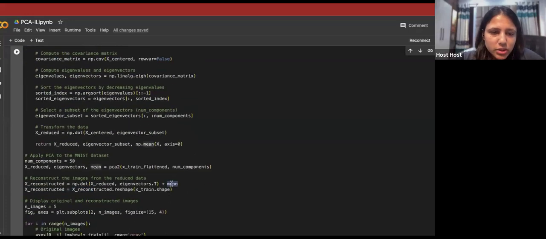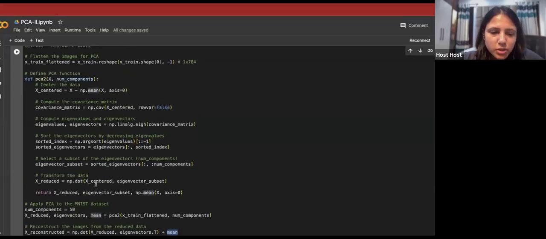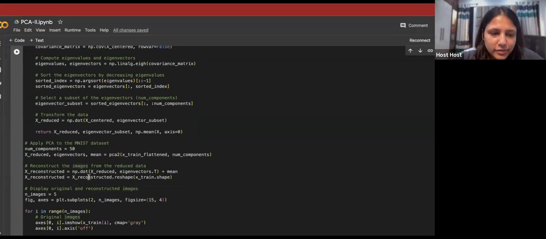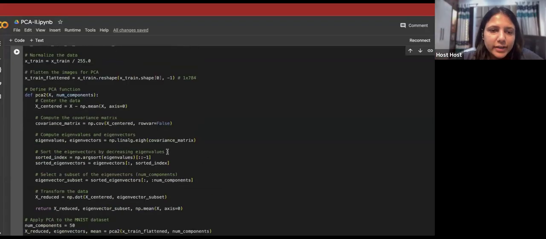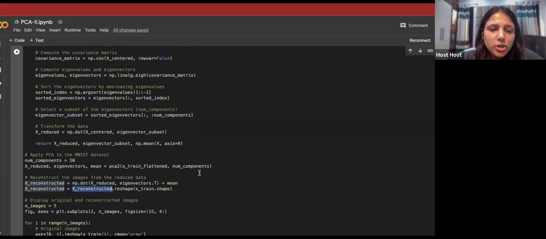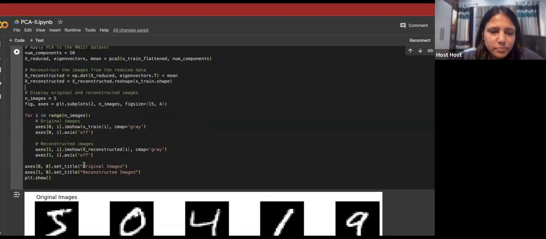Whatever mean was there, I would have subtracted the mean somewhere here, right? I had done the zero centering. I'm adding the mean back so that I can visualize the image back. And I will just reshape it because it's a flattened vector now, right? And image is a 28 cross 28 image. So I'll have to reshape it back to the original shape. And then I will just visualize them, okay?